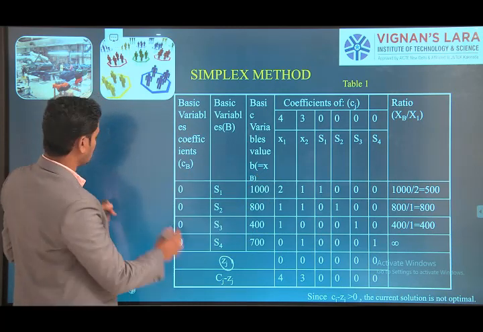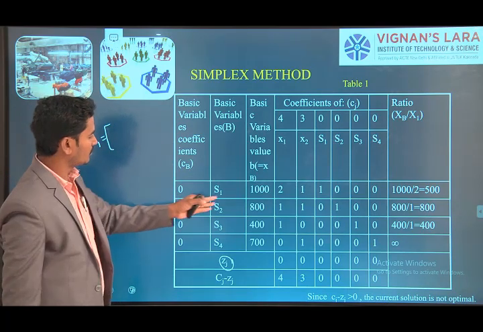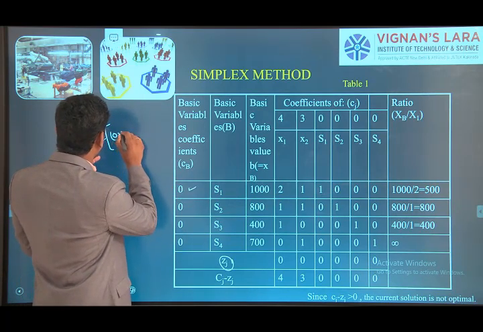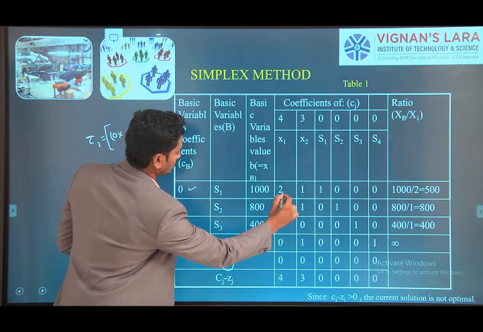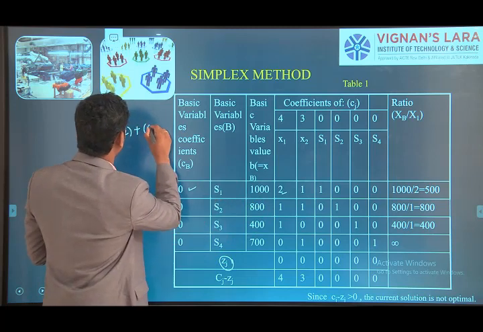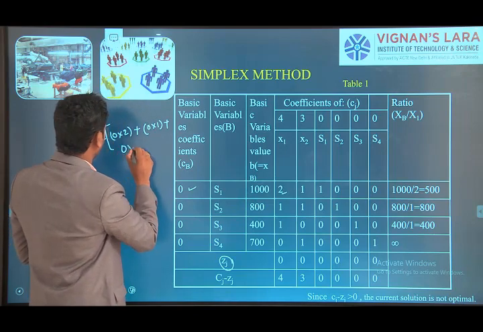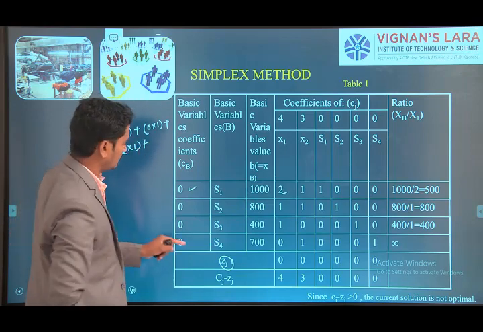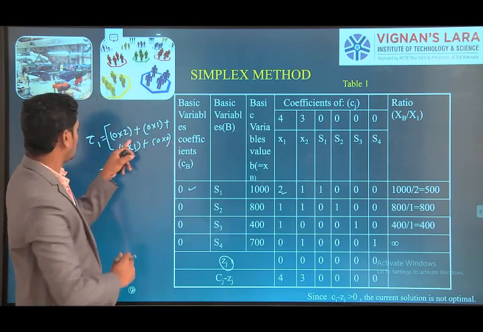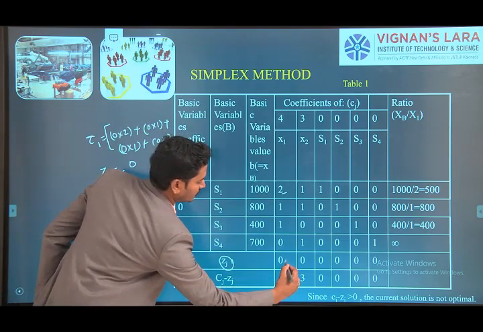We are going to find Z1, which is equal to coefficient value 0 into the first column value 2, plus 0 into 1, plus 0 into 1, plus 0 into 0. What do we get finally? All the coordinates are 0, so we simply get 0. That value we mention here.